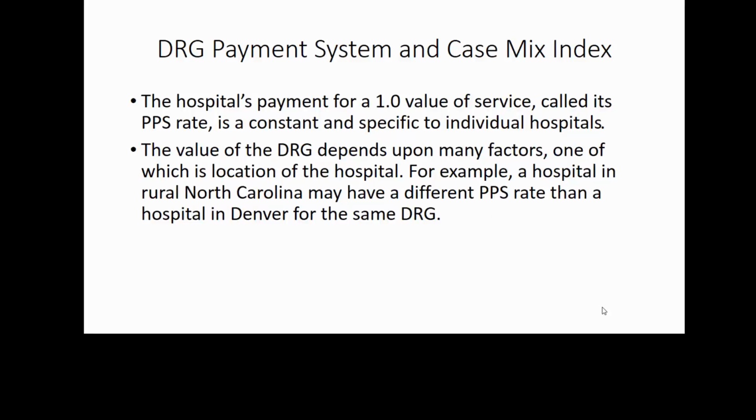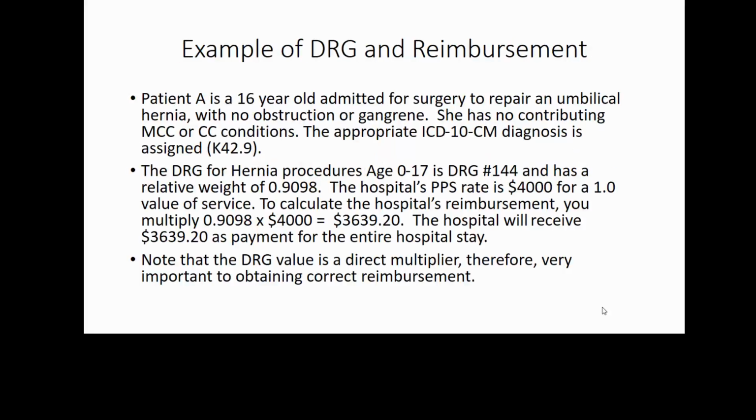Your DRG value is going to change because it's going to be driven by the diagnoses that you've assigned to that patient. Also, the value of your DRG is going to depend on many things, one of which is location. For example, a hospital in rural North Carolina would have a different PPS rate than a hospital in Metro Denver for the same DRG.